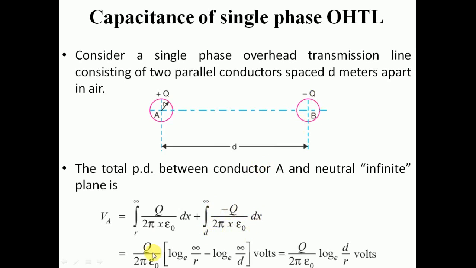Taking q by 2 pi epsilon 0 common, we can write the bracket as natural log of infinity by r minus natural log of infinity by d. Simplifying using logarithmic expressions, we get q by 2 pi epsilon 0 natural log of d by r. This is the potential difference between conductor A and the infinite neutral plane.